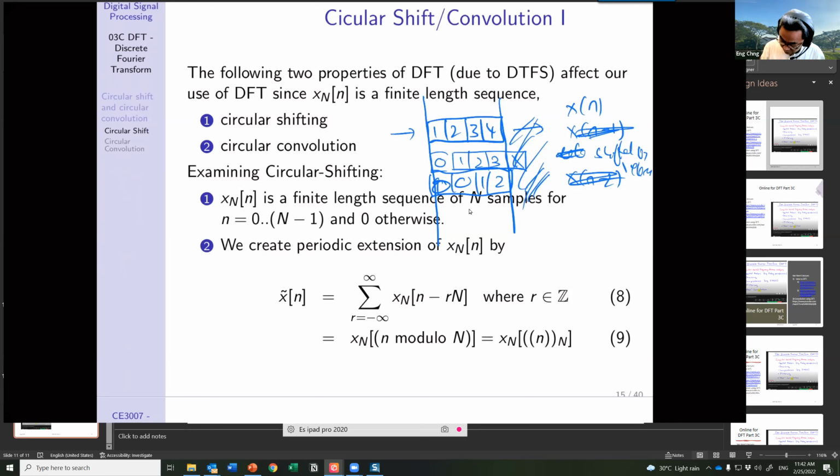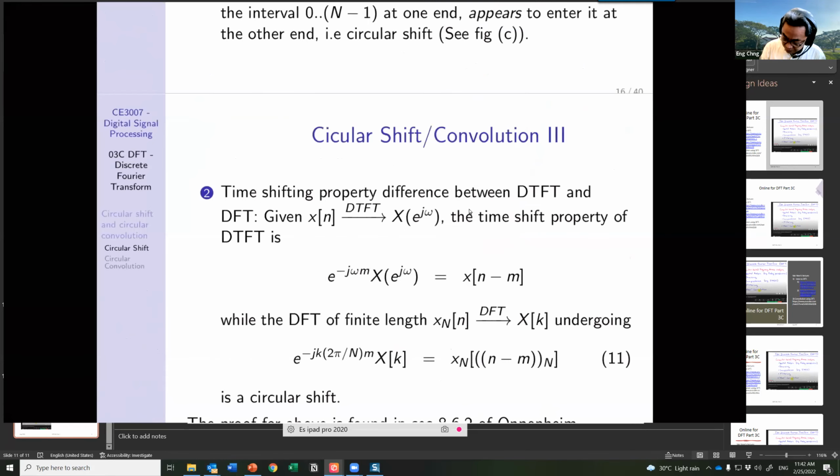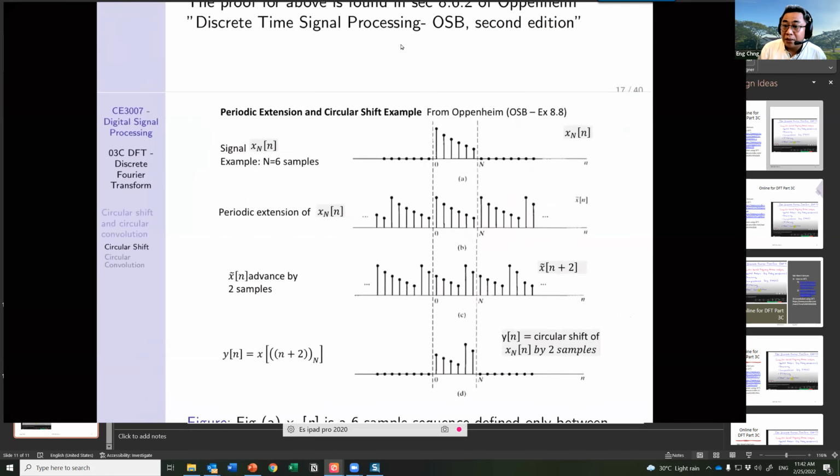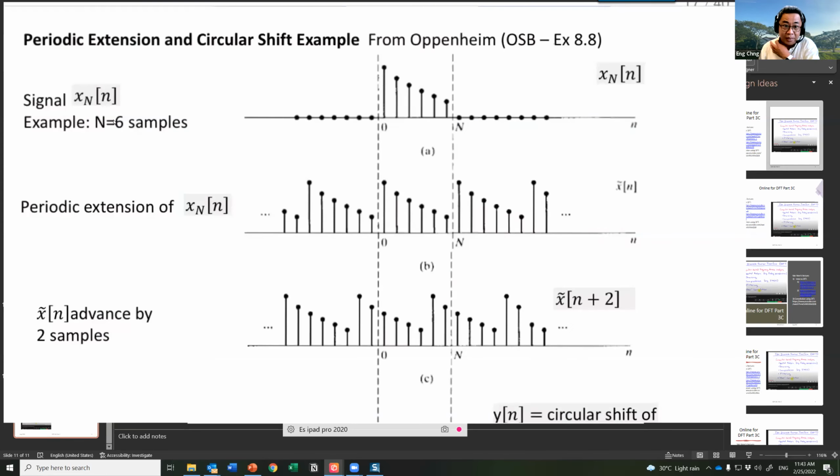Now, a circular shift has a different operation. I will now show you the figure. So this is the N elements of my x of n. If I generate a periodic extension of this, it is nothing but taking this and repeating this. That is what the DFT is doing. If we are only analyzing N points and whatever value is outside, we don't care. When we perform DFT and inverse DFT, outside this sequence of 0 to N minus 1, it is the same repeated sequence.